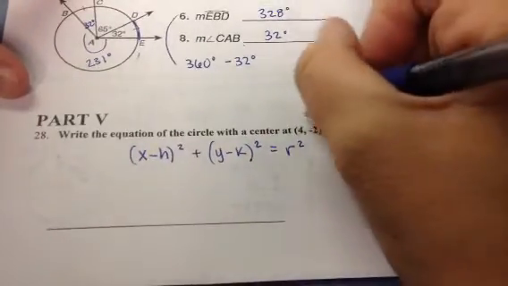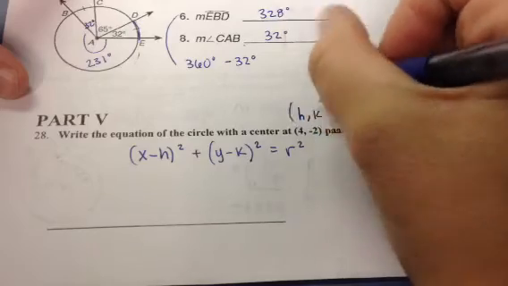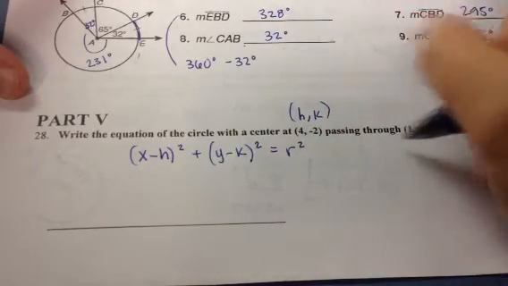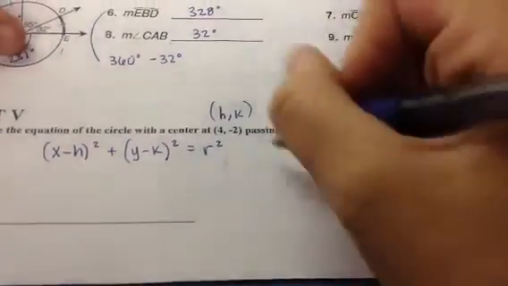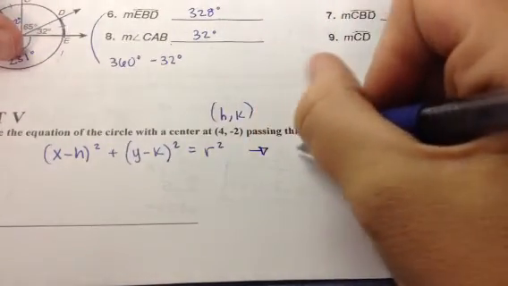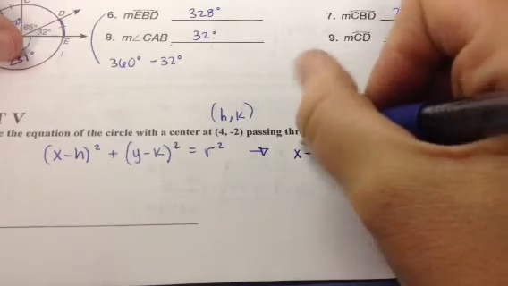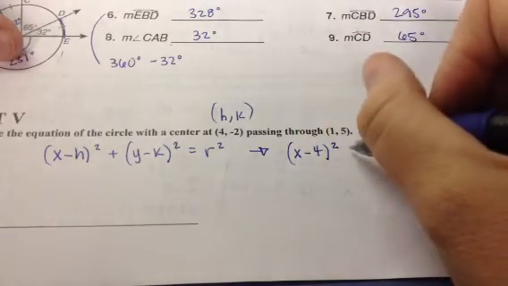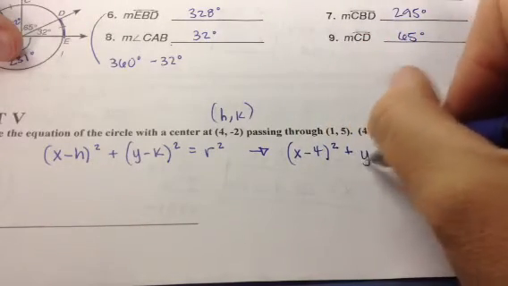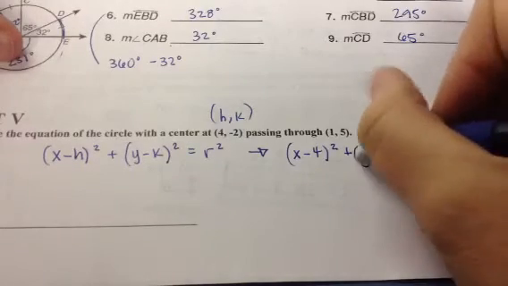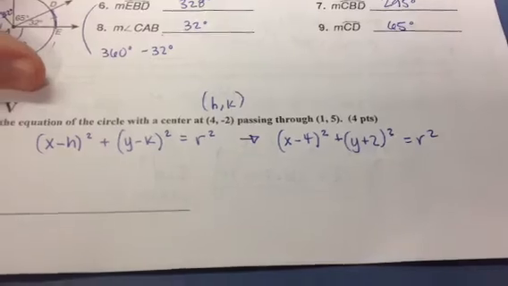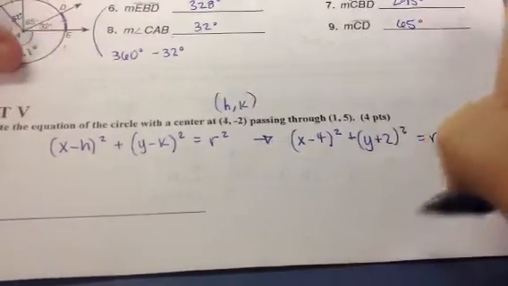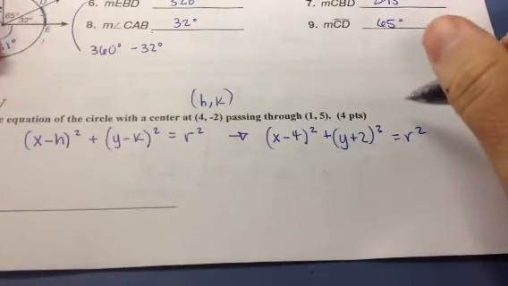And we know that our center is h comma k, and in this case we have to figure out the radius. So I would start this out by writing the first part of my equation, so (x minus 4) squared plus (y minus -2), which is y plus 2, squared, and set that equal to r squared.